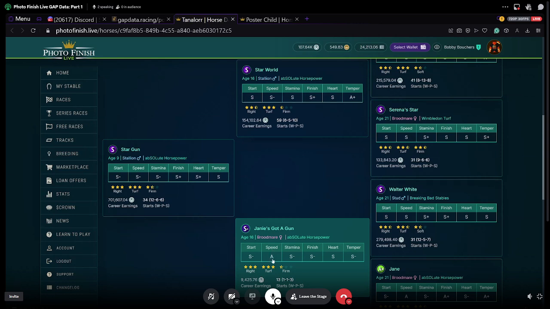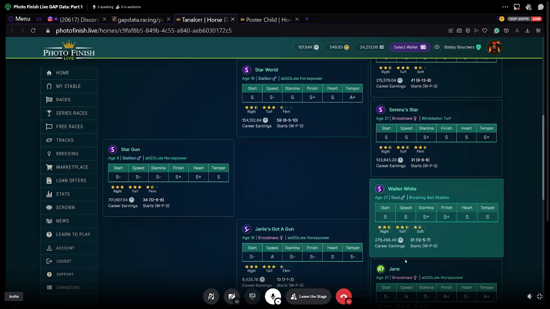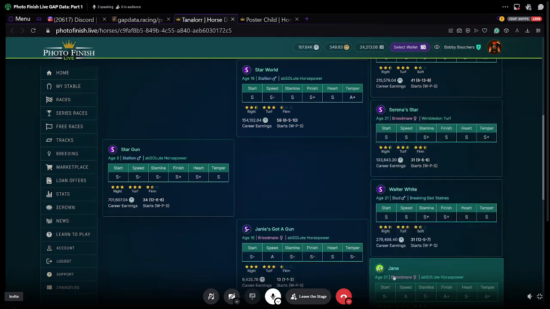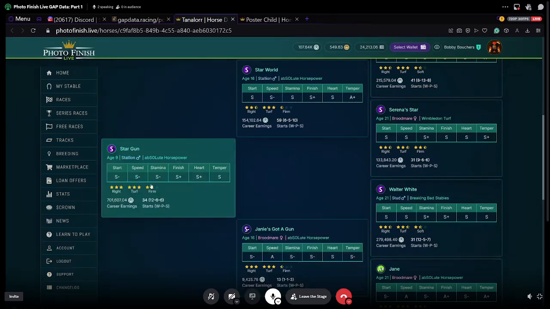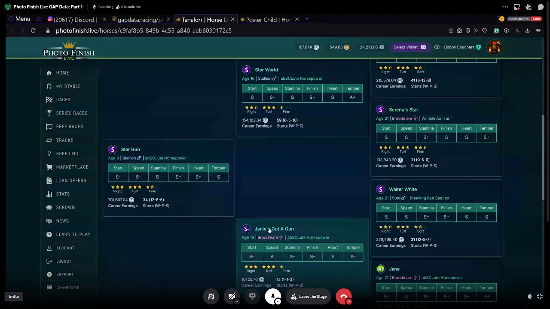There's a chance, maybe a small chance. This A is the same gene from Janie's Got a Gun, the same speed, so you might get that. That's why the whole bloodline's important.